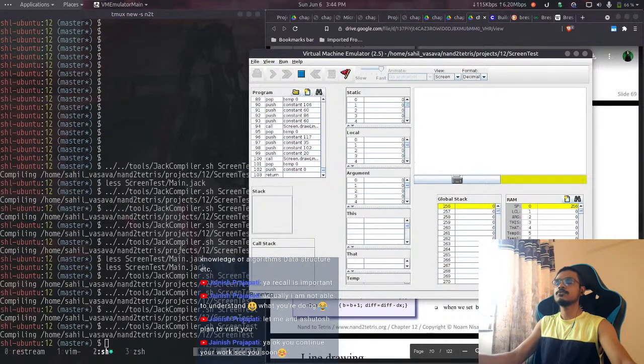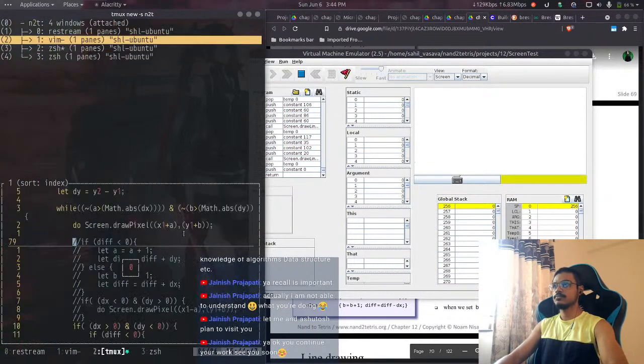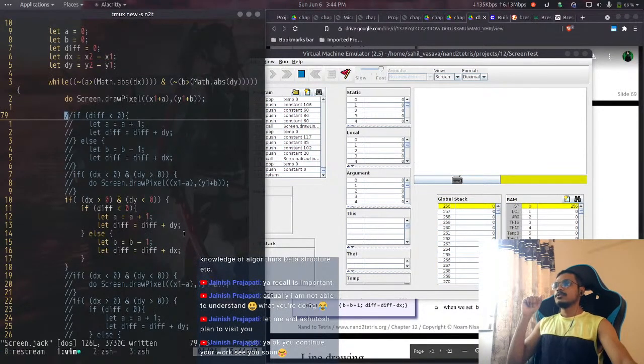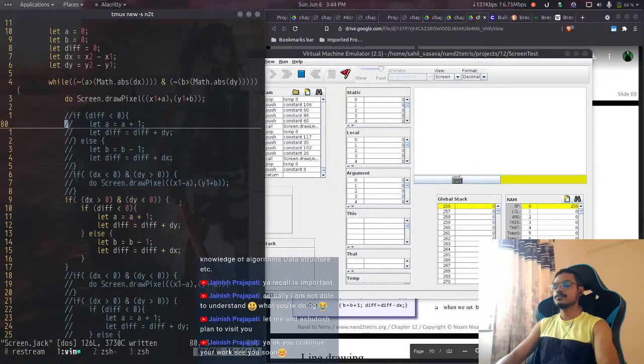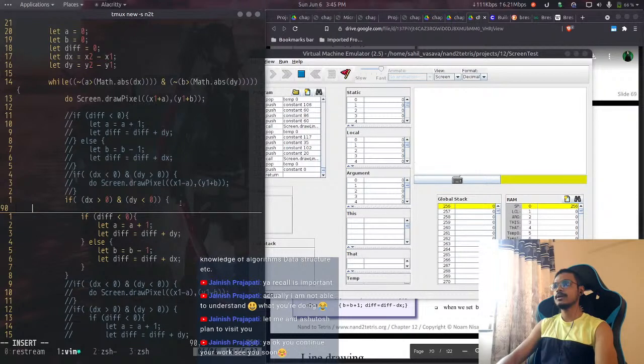Okay, so nothing happens. Why? If nothing happens, the reason can be that this condition is not being satisfied. So let's check if we are even getting inside this condition or not. Output dot print string.